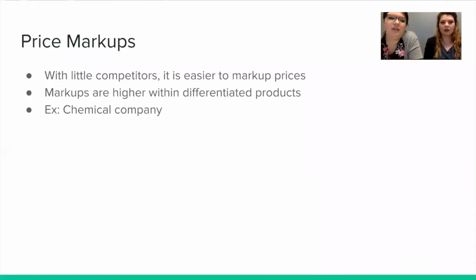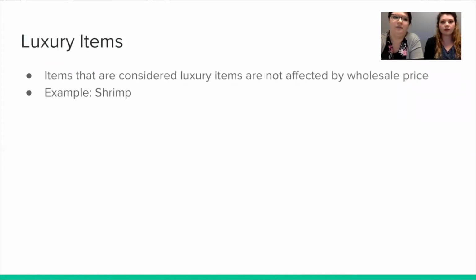So the first slide is about price markups. For price markups, it's easy to mark up prices when there are few competitors because if you control the market, then there's no one setting lower prices, so you can set it as high as you want. Markups are easier to do with differentiated products because they have special features, so you can make the product a little higher.